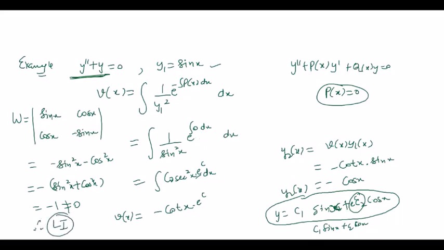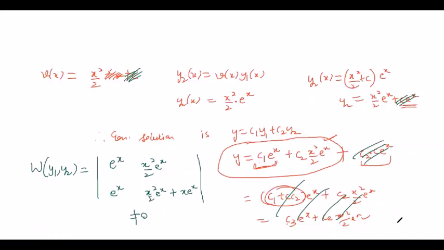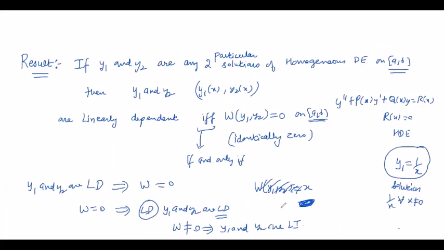Yes, W should be 0 for LD, linear dependence. Aditya, to answer your question, W should be identically 0 for linear dependence. We want them to be linearly independent. I'll recall the result for you. If the Wronskian is non-zero, then they are linearly independent.